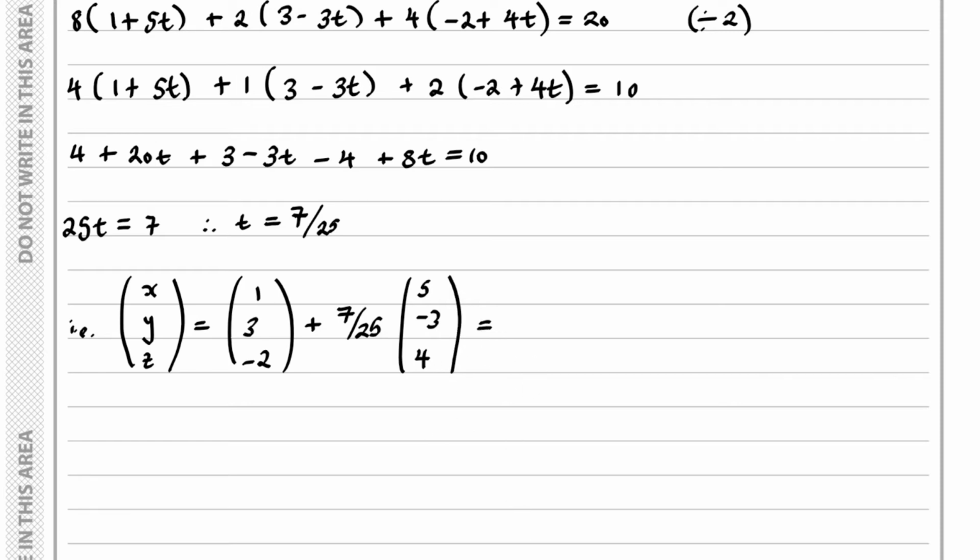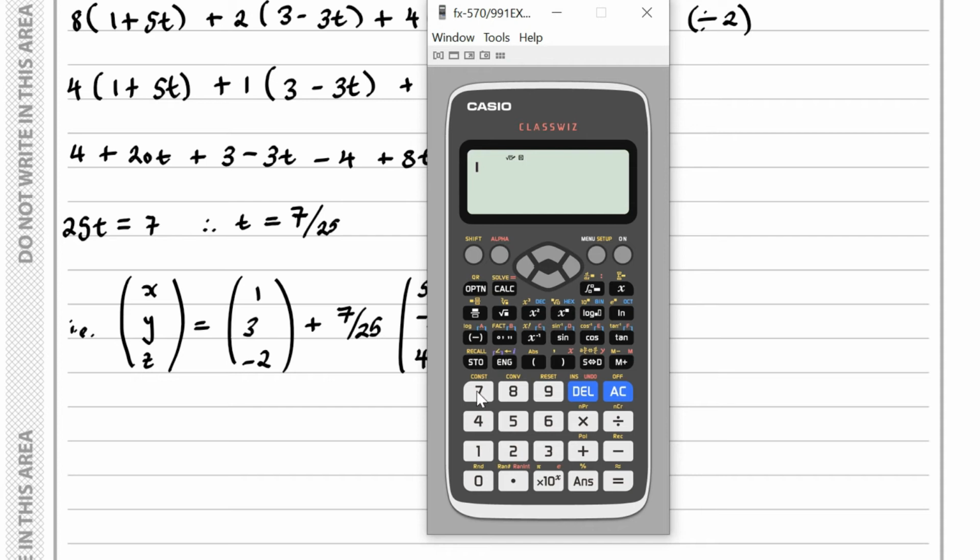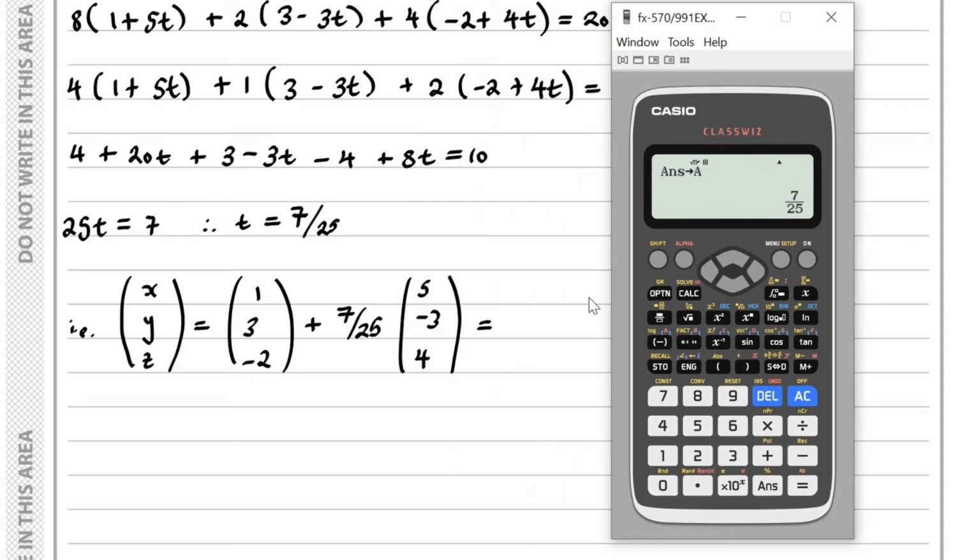So if we work all of this out, we can use our calculator. So we have 7 over 25, and if I store this into A, we have 1 plus 5 lots of A, which is 12 over 5. So that's the x coordinate. Next we have 3 minus 3a, so that's 54 over 25.